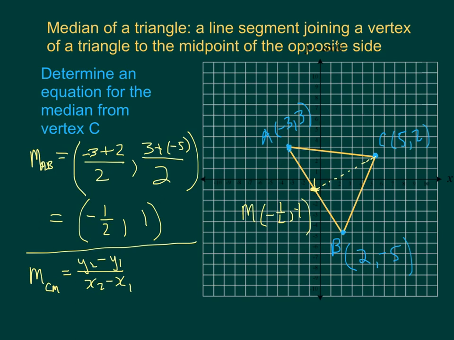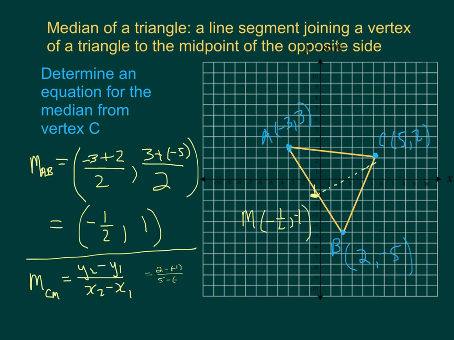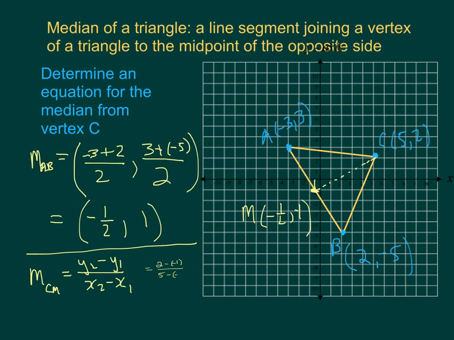All right, so let's plug it in and see what we get. So 2 minus -1 over 5 minus a negative 1/2.